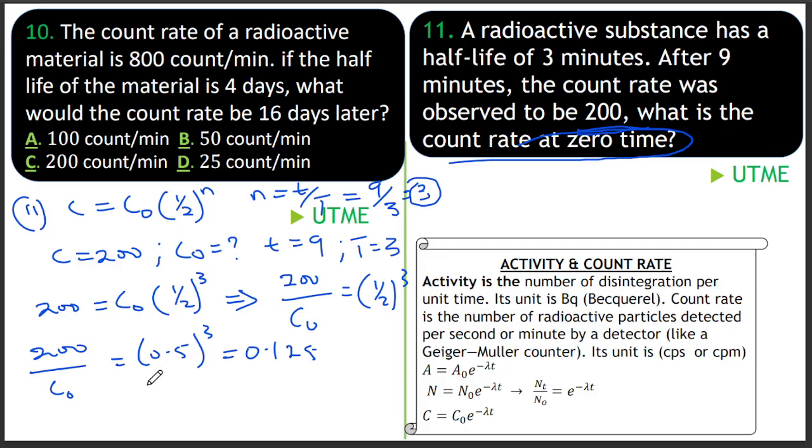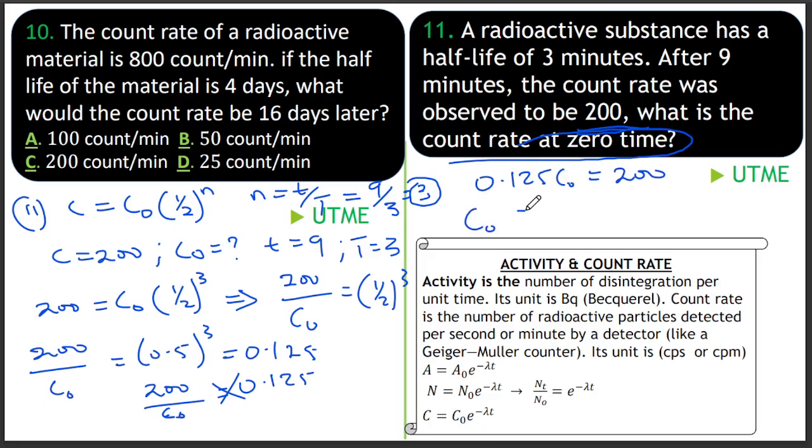All right, so that if we cross multiply, or I think I should finish it up here. Okay, so 200 over C naught is equal to 0.125. So if you cross multiply, you will get 0.125 C naught is equal to 200.